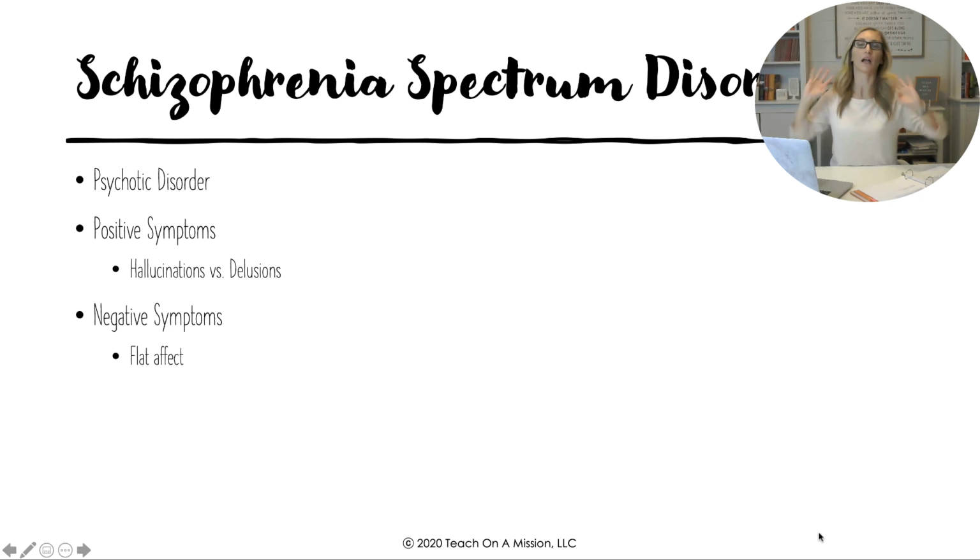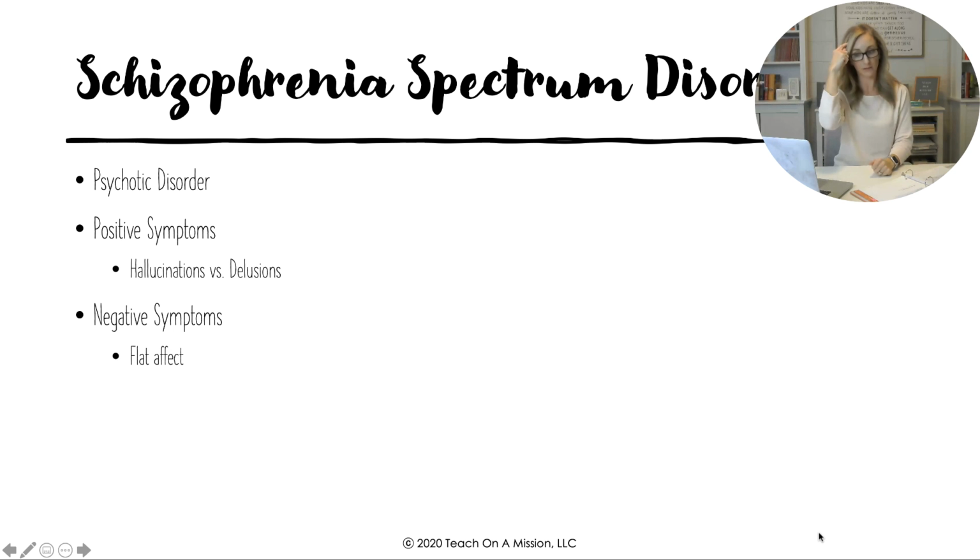And it is a psychotic disorder, meaning you have a break in reality, and that a person with schizophrenia or with a psychotic disorder, their reality looks very different than someone else's, than, quote, what is normal. Positive symptoms include things like hallucinations and delusions, making sure you remember the difference between those. Hallucinations are perceptions without sensation, so seeing and hearing things without actually seeing and hearing things.